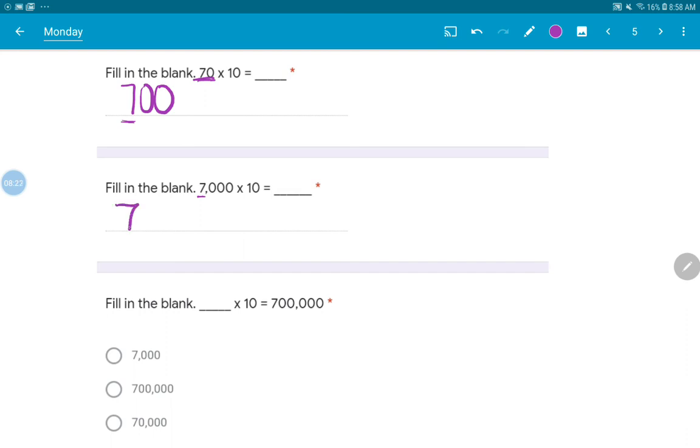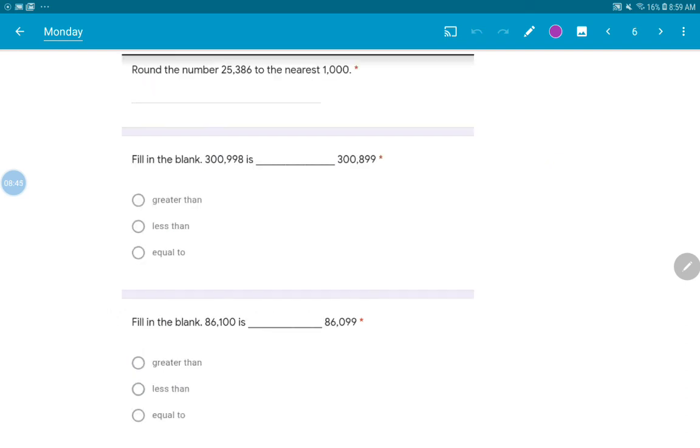It gets one place value bigger. So 70,000. All right, what times 10 is going to equal 700,000? What will it be? Ansley? 70,000. Very good. All right, questions on today's daily math? On that section of it, we got a few more questions, but anything on that section? Nope.